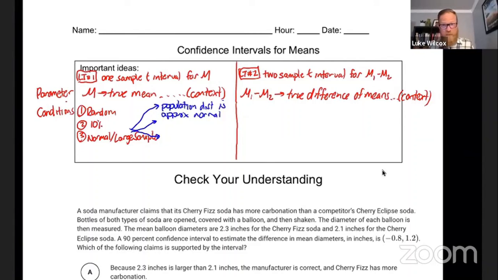The next best way is if your sample size is large. And when I say large, I mean that it's greater than or equal to 30. And the third way, which we had to utilize with the AP Stats sample, was that the sample data shows no strong skew or outliers.